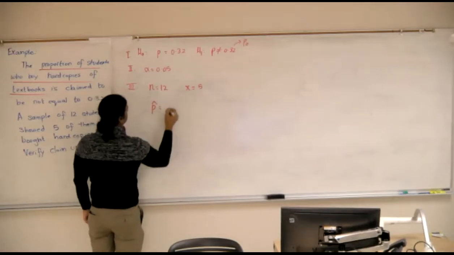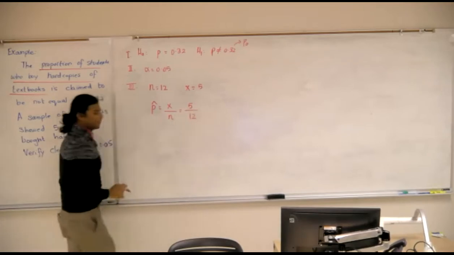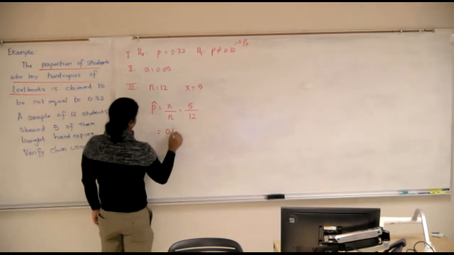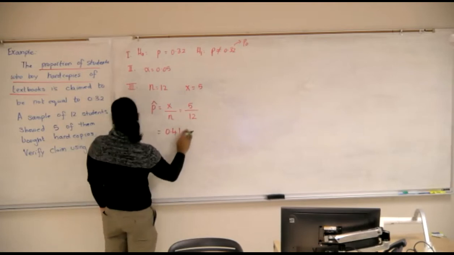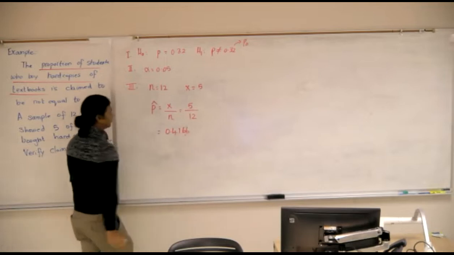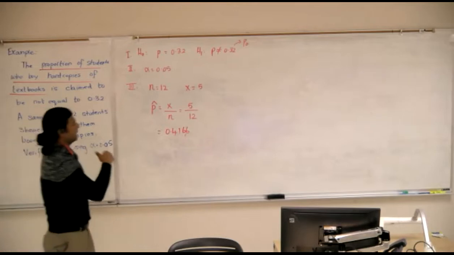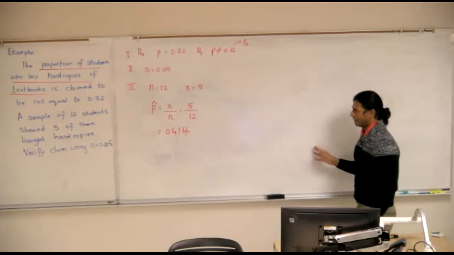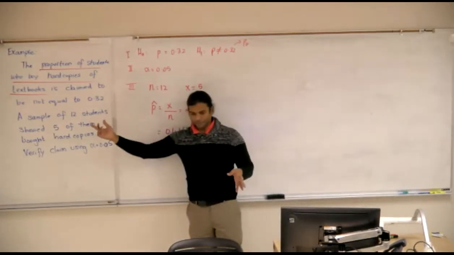P hat is simply x over n, 5 over 12, and what do we get? 0.416 repeating, 6 repeating. We'll keep 4 decimal places, so it's 0.4166.